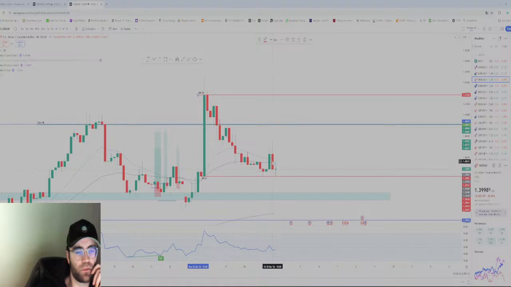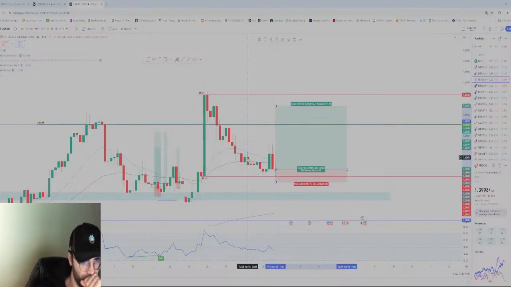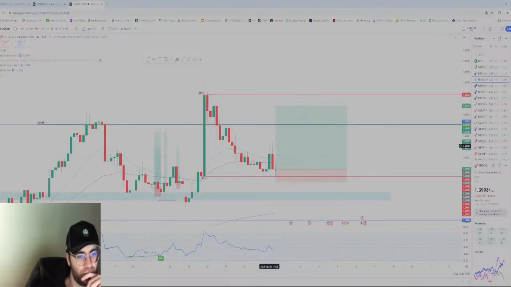I would probably just buy here, to be honest. It's a 5.0 risk to reward on a doji candlestick.